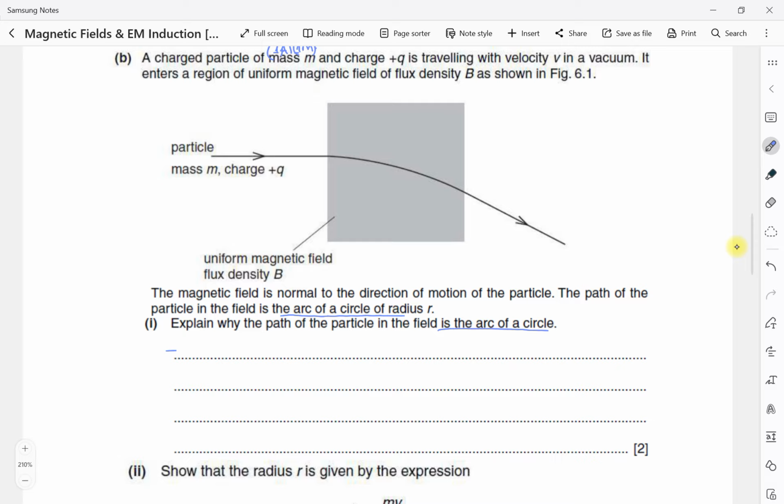So I would say the magnetic force on the particle is constant and always perpendicular, or always normal, to the direction of motion.